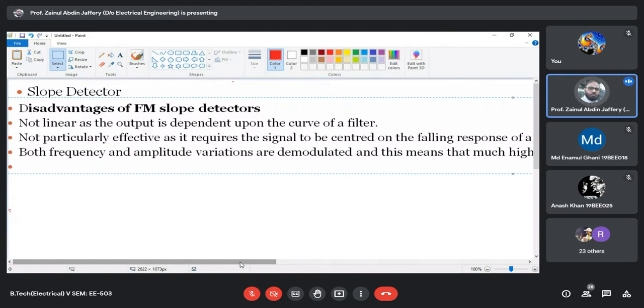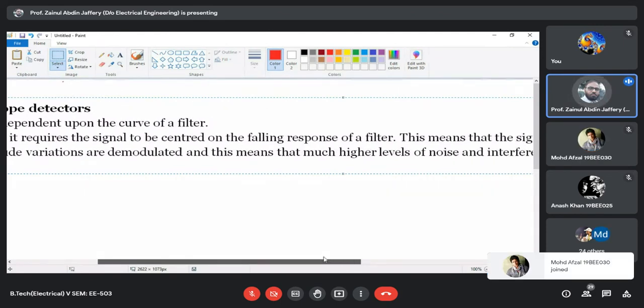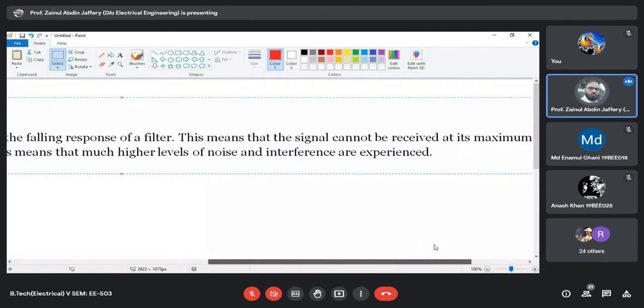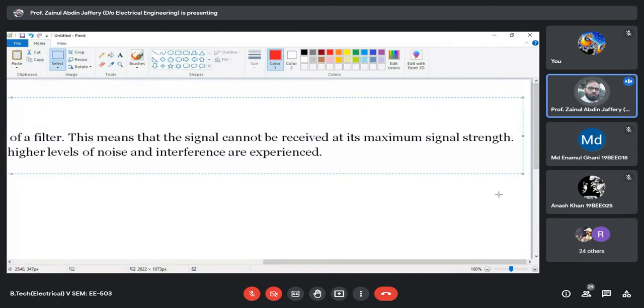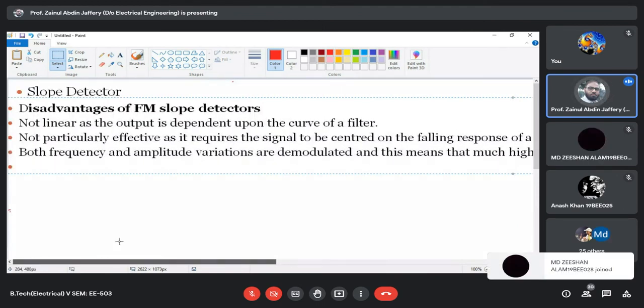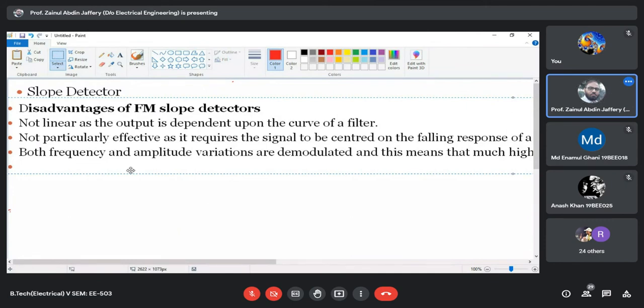Both frequency and amplitude variations are modulated, since it is converted from FM to AM. So obviously its reception will be very poor, because when this becomes an amplitude variation, noise is bound to be introduced. So a higher level of noise and interference is experienced in this case. The major drawback is that its maximum deviation is very limited, which is a requirement in broadband communication.